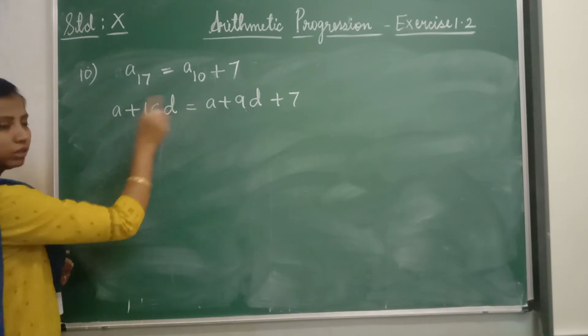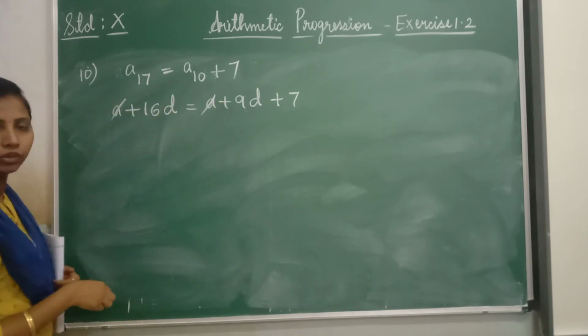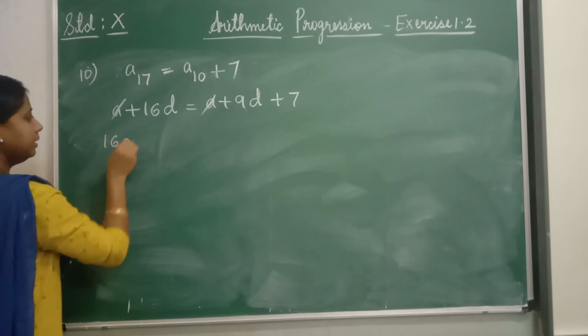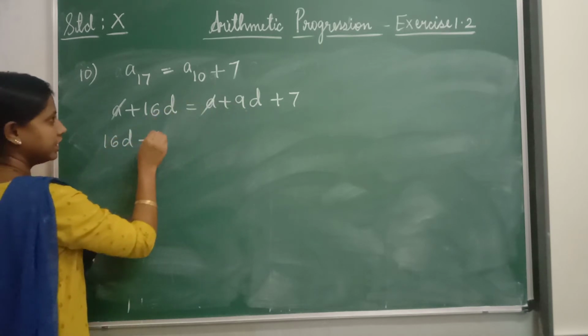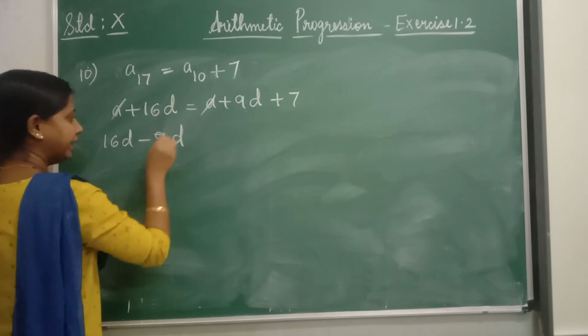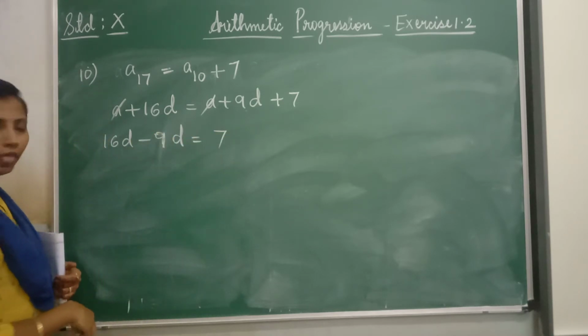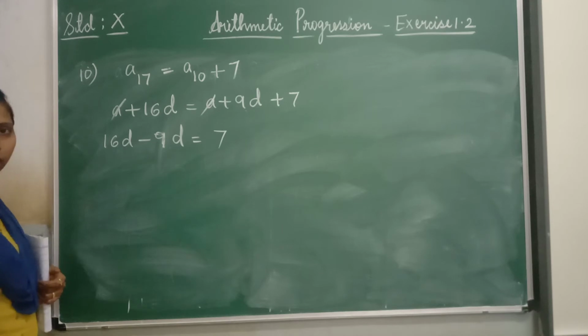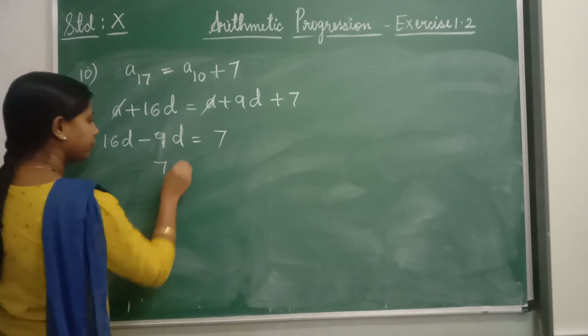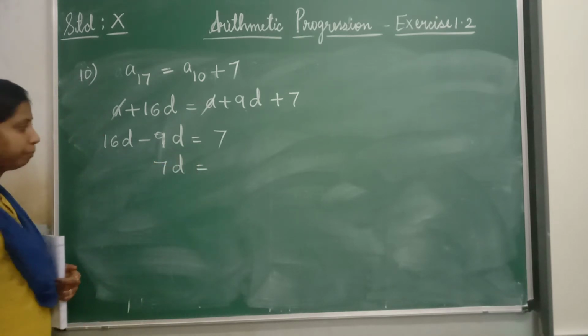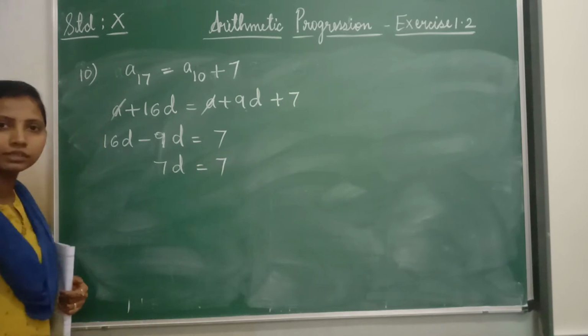A on both sides will get cancelled. Remaining is 16D; 9D you take to the LHS, it becomes minus 9D, equals 7. So 16 minus 9 is 7D. 7D equals 7.